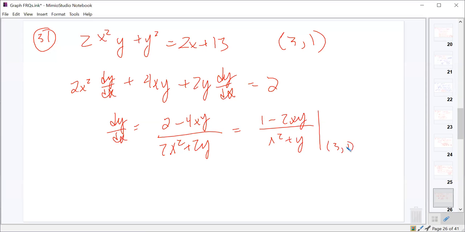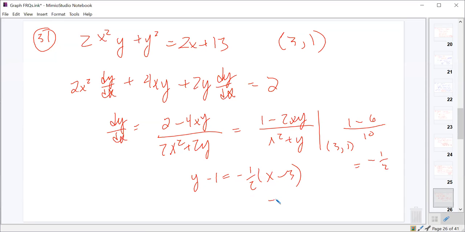We'll evaluate that at (3, 1), which gives us 1 minus 2 times 3 times 1, which is 6. And then x squared is 9 plus 1 is 10. So that equals negative 5/10 or negative 1/2. So the equation is y minus 1 equals negative 1/2 times (x minus 3) using point slope form. We want to approximate it at 2.8.